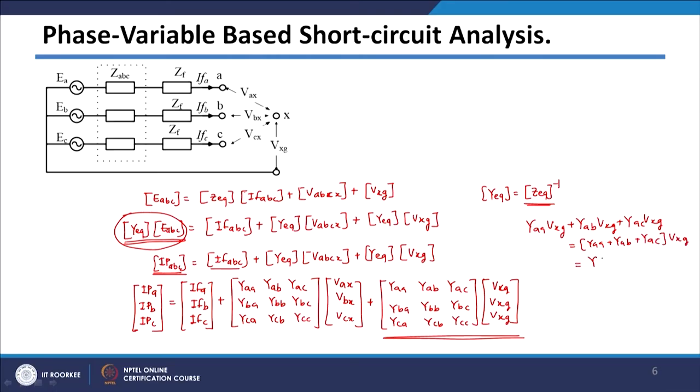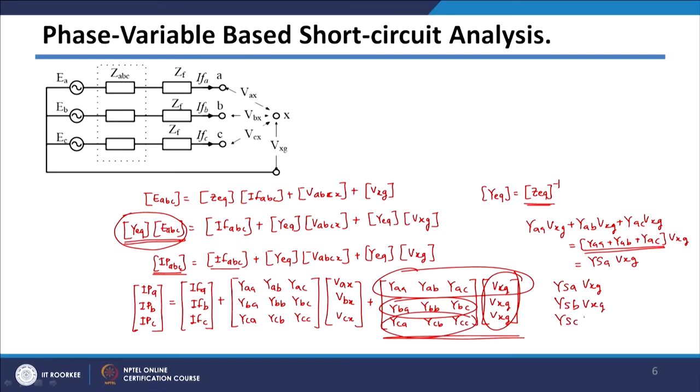This addition of the three I am calling YSA. Similarly, for the second row it is YSB into VXG, and for the third row it is YSC into VXG, where YSB equals YBA plus YBB plus YBC, and YSC equals YCA plus YCB plus YCC.